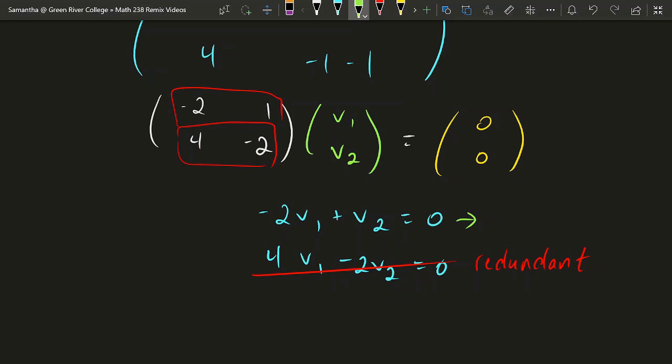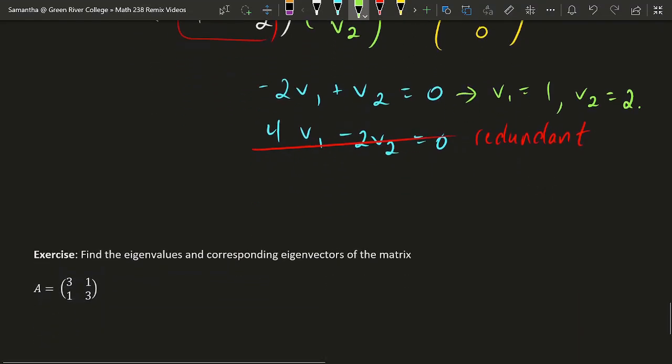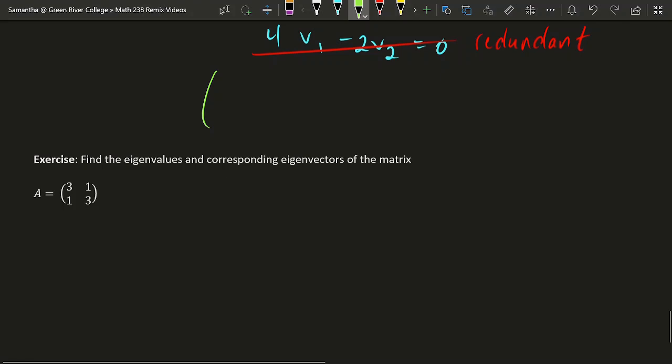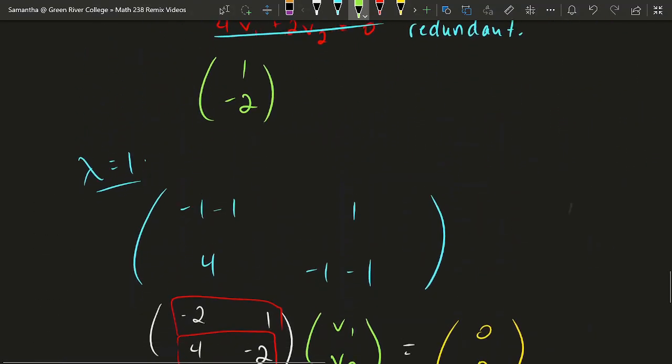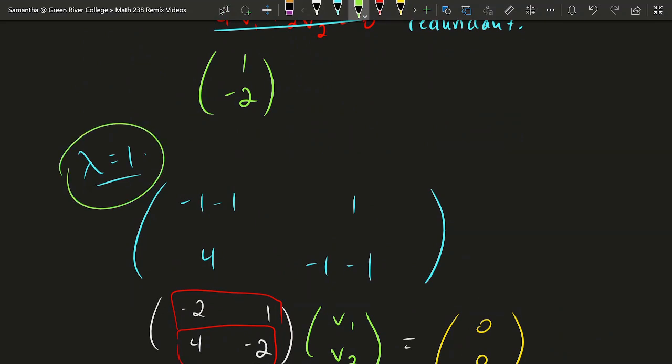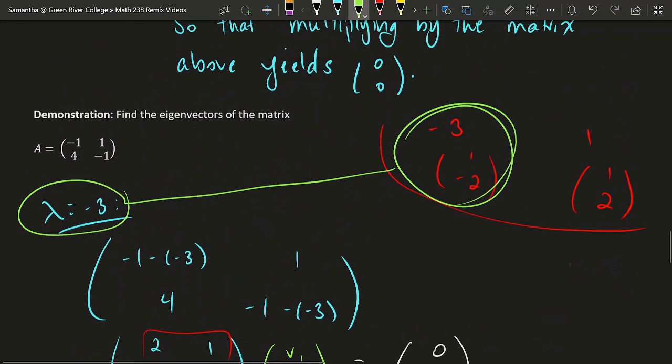And a really easy choice, again, is just to make v1 equal 1 and v2 change to 2 to compensate. So from that, I find an eigenvector 1, 2 to accompany the eigenvalue of lambda equals 1, which exactly matches what we found yesterday during our exploration.